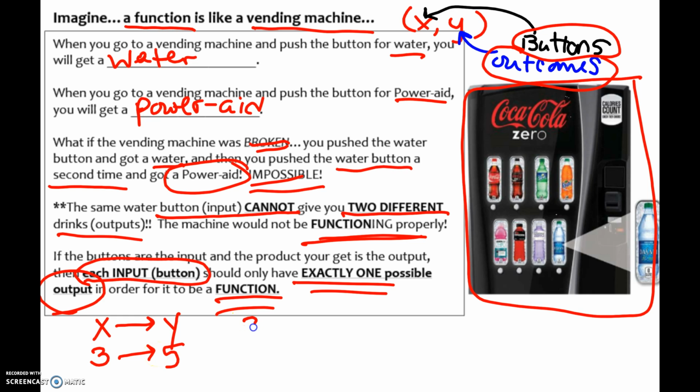Then whenever I have the X value of 3 in my function, the Y value has to be 5. It's impossible for me to have the point (3, 6), because 3 can't be sent to two different locations. So it has to have exactly one output.